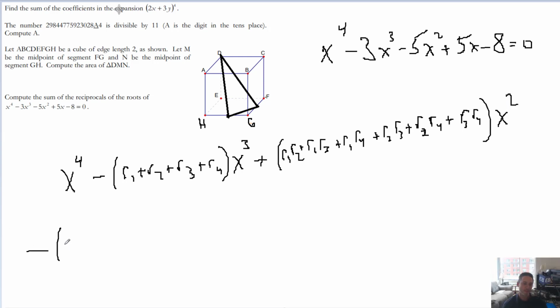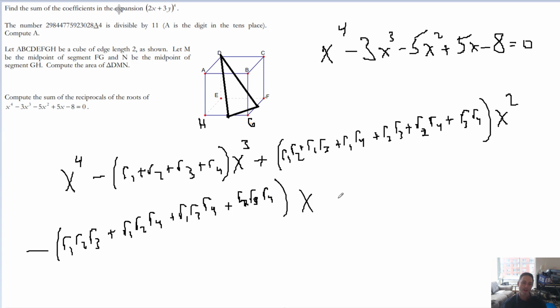Minus the sum of the roots taken 3 at a time: r1 r2 r3 plus r1 r2 r4 plus r1 r3 r4 plus, now all the roots except for 1, r2 r3 r4, there's 4 of them, times x, and then plus the product of the roots, r1 r2 r3 r4.